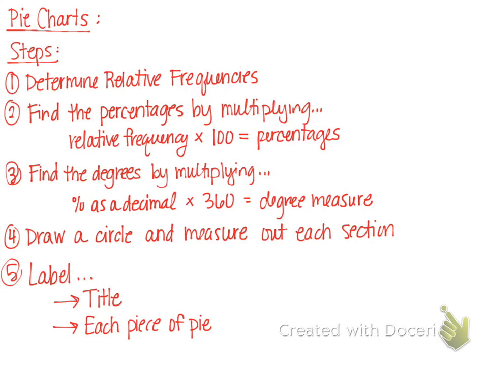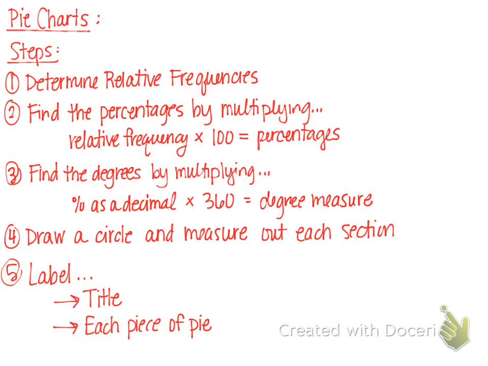Then the third step is we find the degrees by multiplying the percent as a decimal times 360, and that gives us our degree measure. The fourth thing, which is what I can't really do up here, and hopefully Coach Cam and Miss Salufo can help you out with this, you're going to draw a circle and measure each section.